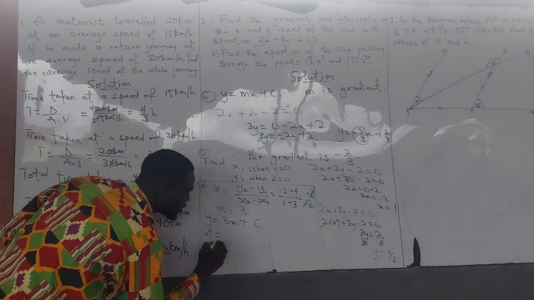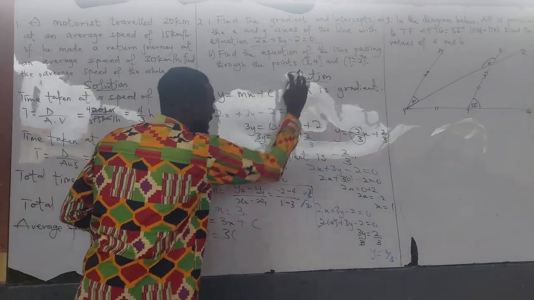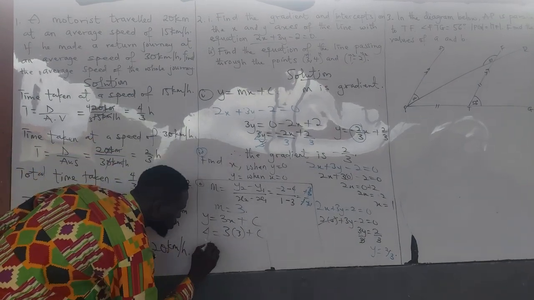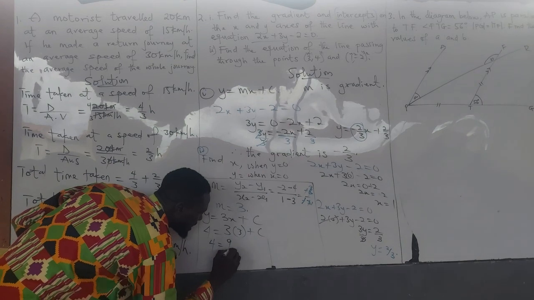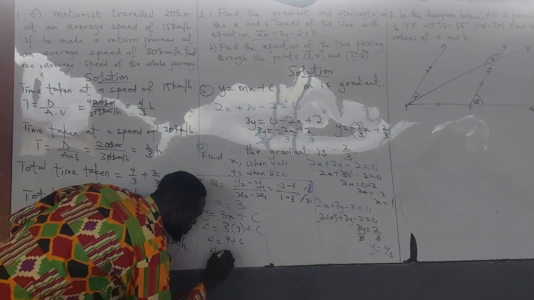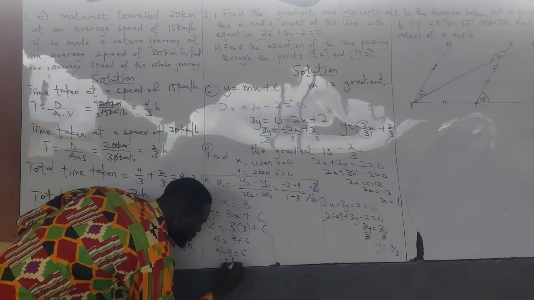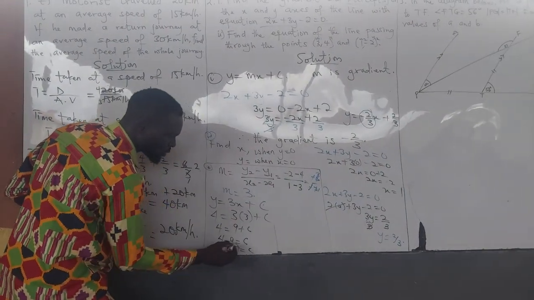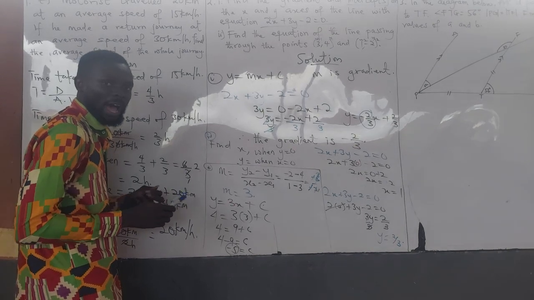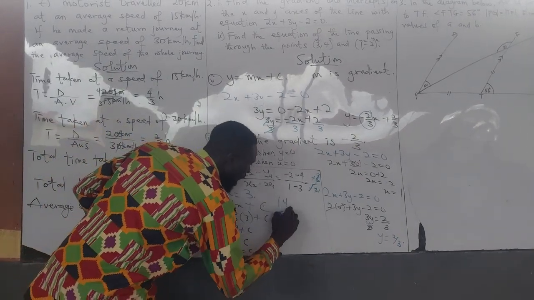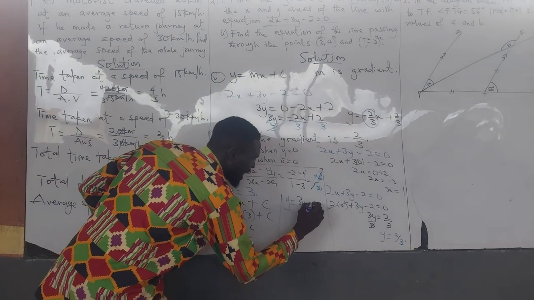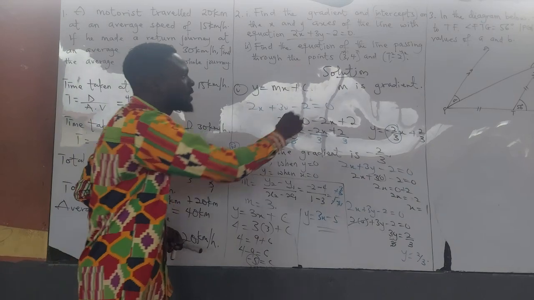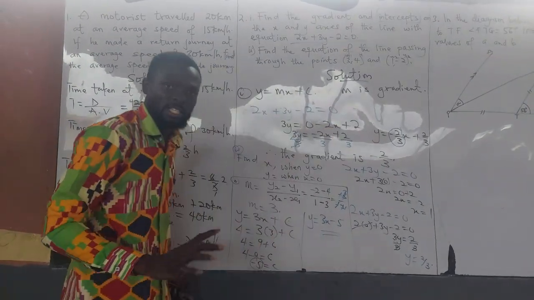So 4 is equal to 3 bracket of the x, which is 3, plus c. So we are solving for c. So 4 is equal to 9 plus c. We have 4 minus 9 is equal to c. Subtracting will give you this. So in place of the c, we are going to write what? 5, which is negative 5. So we are getting y is equal to 3x minus 5. And this is the equation of the line which passes through this point.